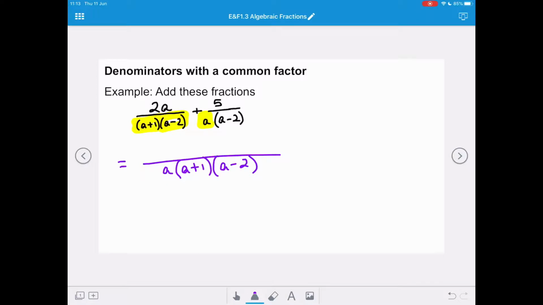So we're going to do 2a multiplied by a. And to convert the second fraction, we're going to multiply the 5 by the extra a plus 1 that's on the common denominator.